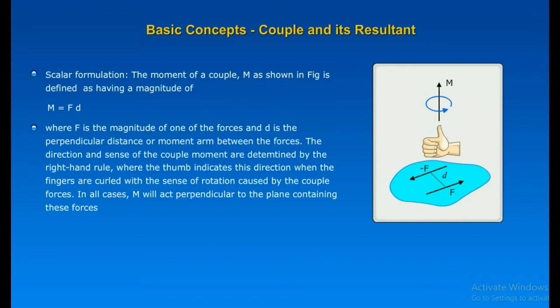The direction and sense of the couple moment are determined by the right-hand rule, where the thumb indicates this direction when the fingers are curled with the sense of rotation caused by the couple forces. In all cases, M will act perpendicular to the plane containing these forces.